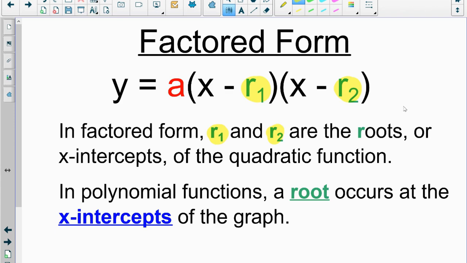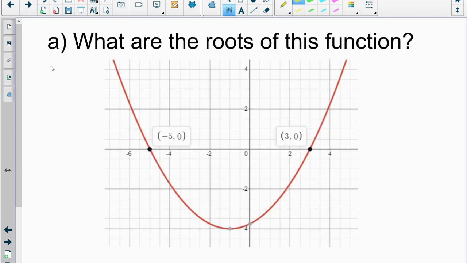And those roots again occur at the x-intercepts of the graph. So when we look at our graph, we're thinking, what are the roots of this function? Well, we know that roots occur at the x-intercepts. So all I have to do is find my x-axis and the points where our curve, our parabola, cross the x-axis.